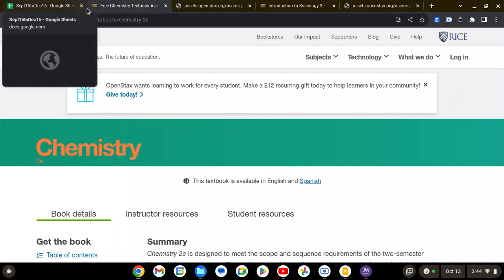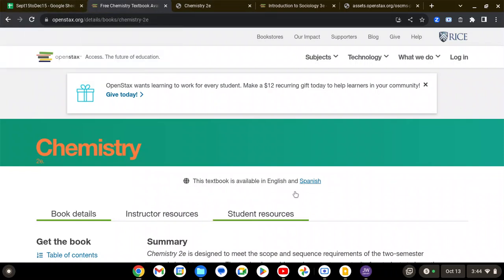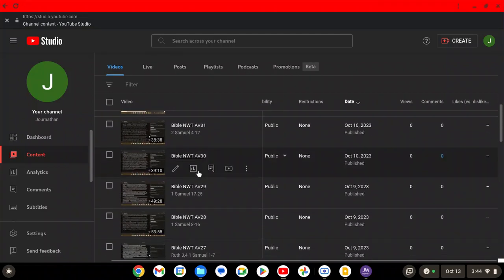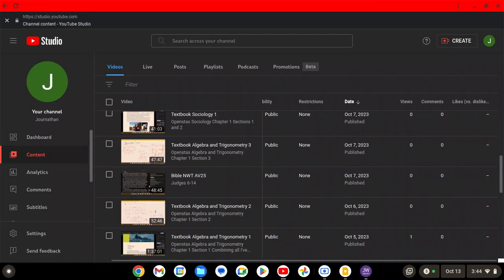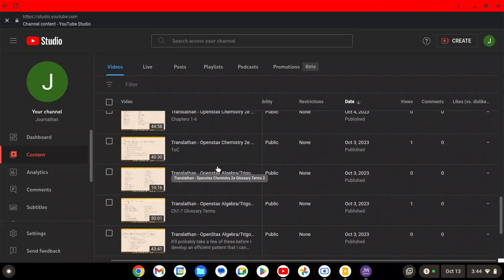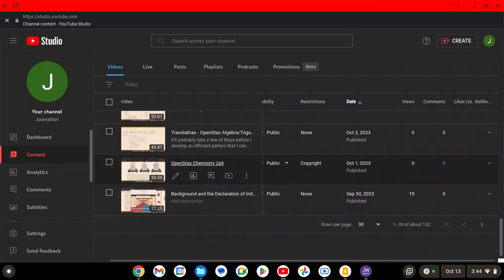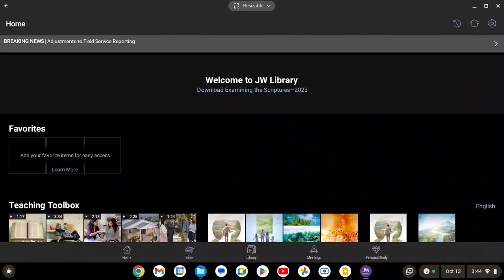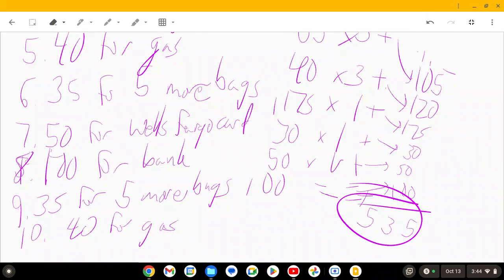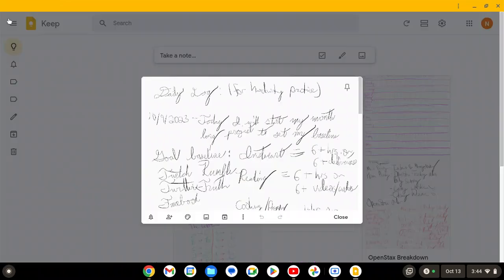Let's, where am I at? Oh, here. Yep, Openstax Chemistry 2E. So I'm on chapter 10. I'm going to go ahead and log out of this, and I'm going to back out.